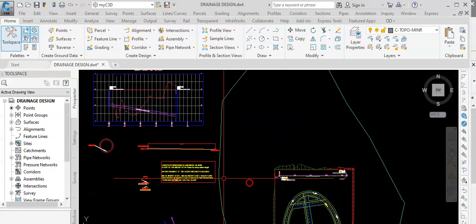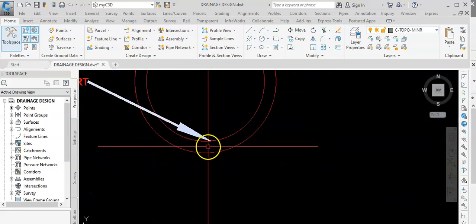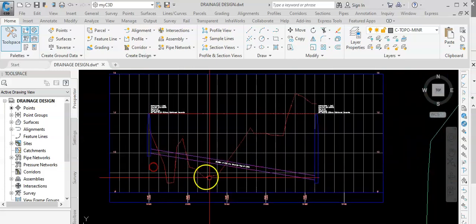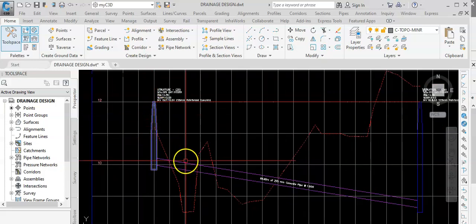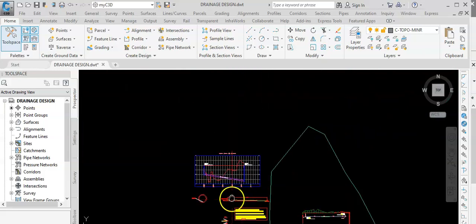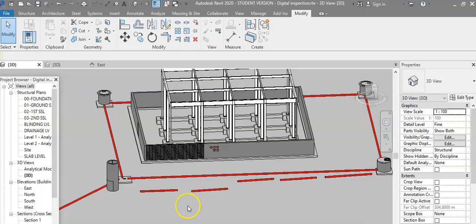We learned about the invert level, what the invert level is, and all this profile here, the cross section, how we see the manhole, how we see the pipes, and we have seen the procedure for how we lay all these pipes from one to another.